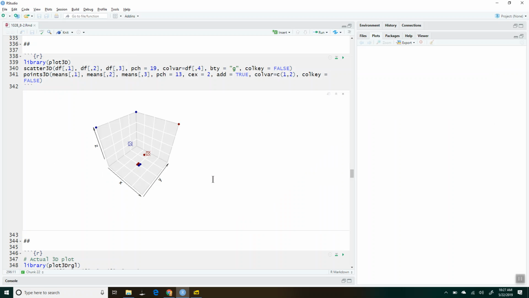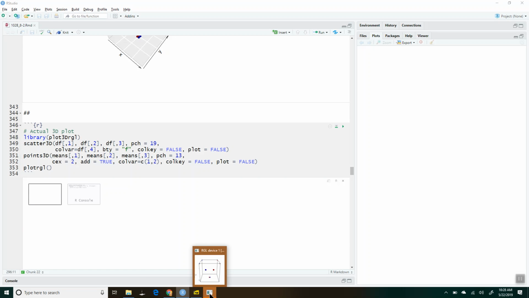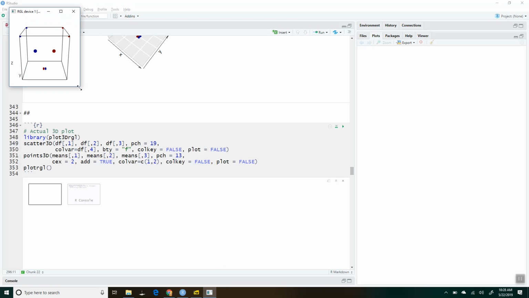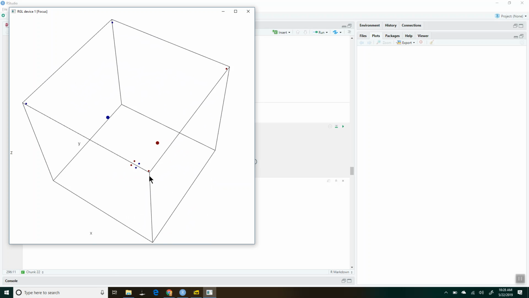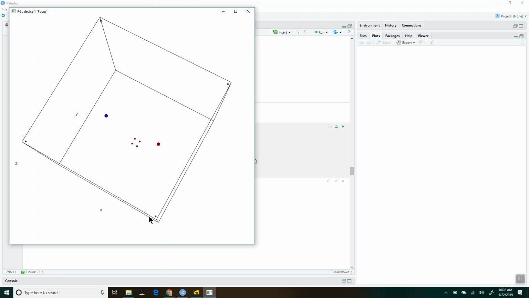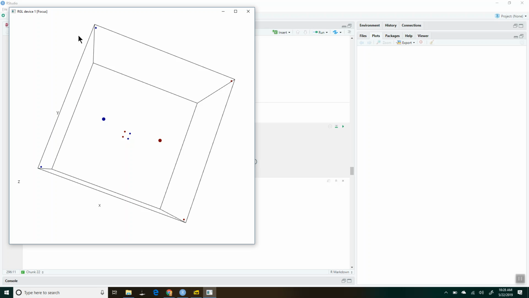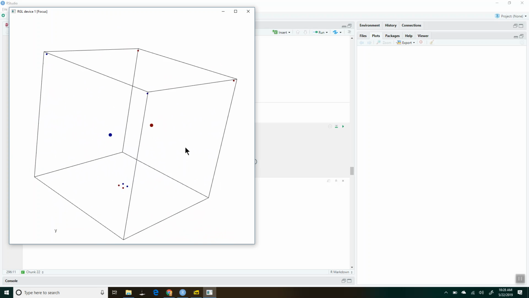Here are our 4 dots down at the bottom, and now we've projected them into 3-dimensional space. You can see the centroid of the red dots, which are here, here, and these two, is over here, and the centroid of the blue dots, which are here, here, here, and here, is over here. And so they get projected into something like this.